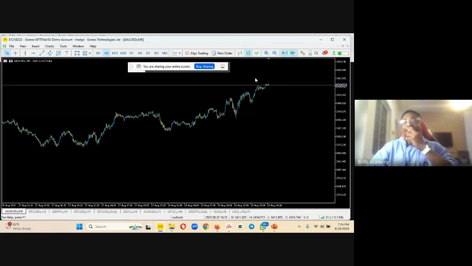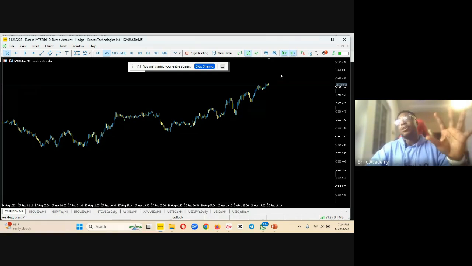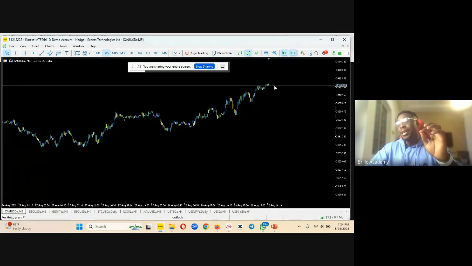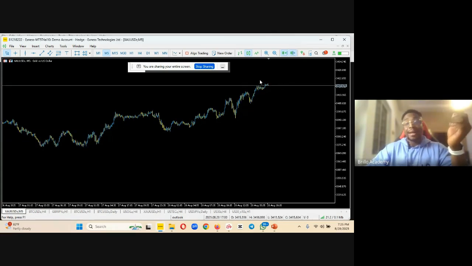Now the white line is the current market price. Now I am not convinced to sell gold at this current market price. I don't want to sell gold at this current market price. Remember, what I'm explaining now is buy stop. The buy stop is placed above the current market price.